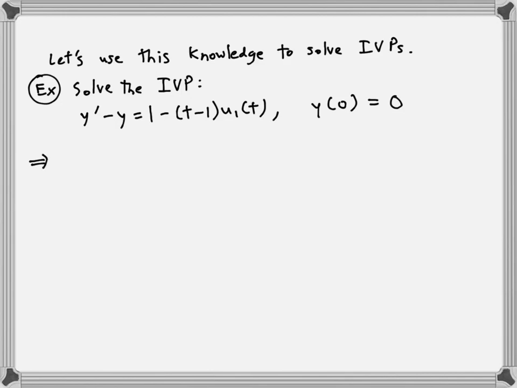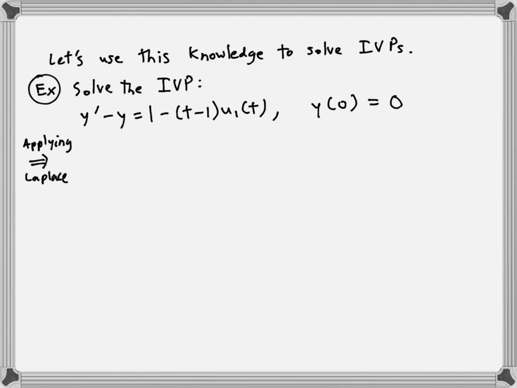So if we apply the Laplace transform of this entire thing, first we have to take the Laplace of y prime. Now remember, we already figured out how to take the Laplace of a derivative.